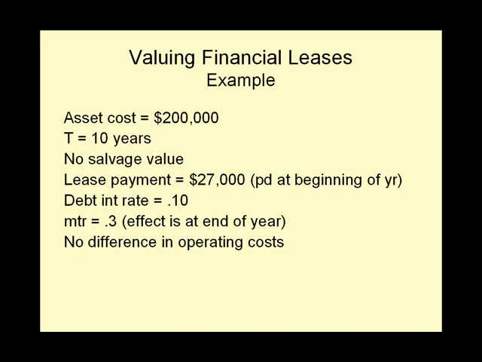And in this example, let's say there's no difference in operating costs depending upon whether the asset is leased or purchased. In situations where the lease contract includes the cost of maintenance, or the lease payment is set to cover the cost of maintenance as well, there may be a significant difference in operating costs between leasing and buying.